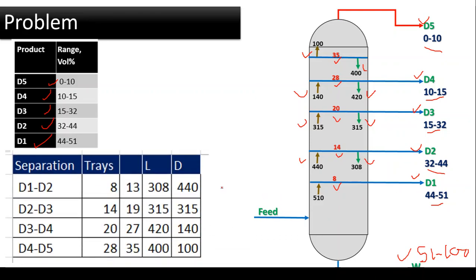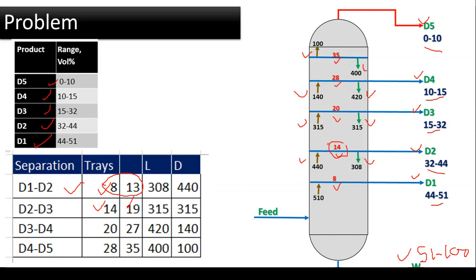Between D1 and D2 there are trays from 8 to 13, because at 14 D2 is taken. Between D2 and D3, if we are going to find out the separation possibility, the tray number starts from 14 up to 19, less than 1.